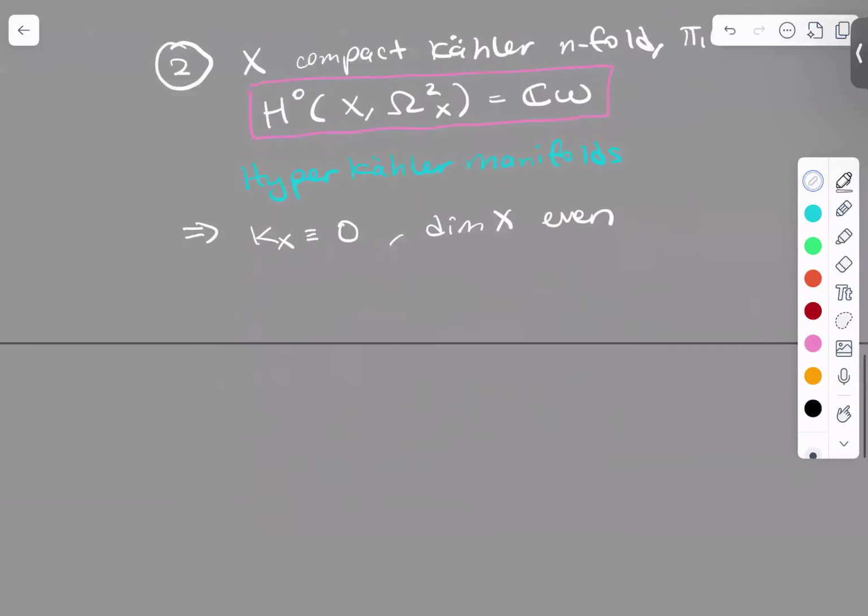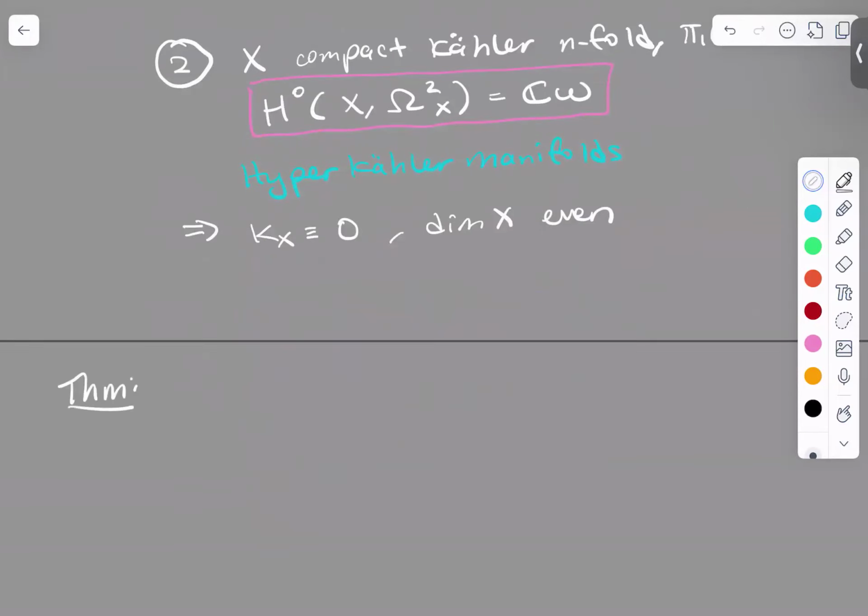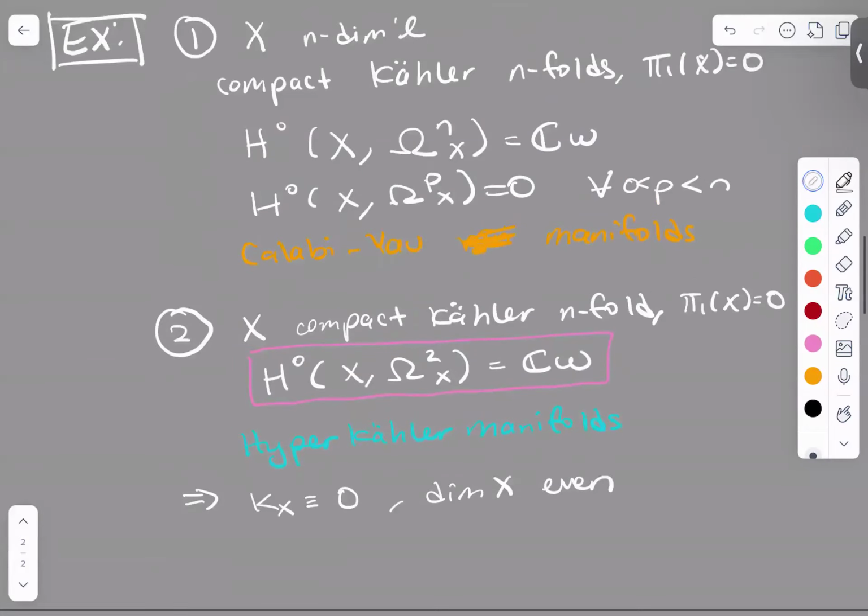So there's a theorem, which again won't be so relevant for today, but maybe gives some context for the fact that these are both important classes of varieties, both these Calabi-Yau manifolds and these hyperkähler manifolds.